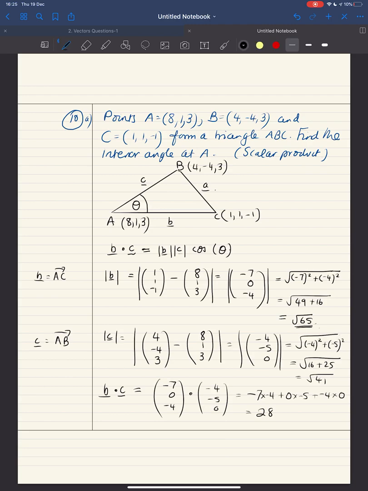So substituting it all in, I'll write the equation again because it's a bit of a mess up there. 28 equals root 65 root 41 cos theta. So therefore cos theta is 28 over root 65 root 41. So therefore theta is cos inverse of all that.